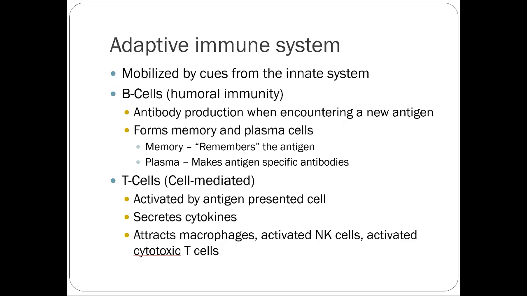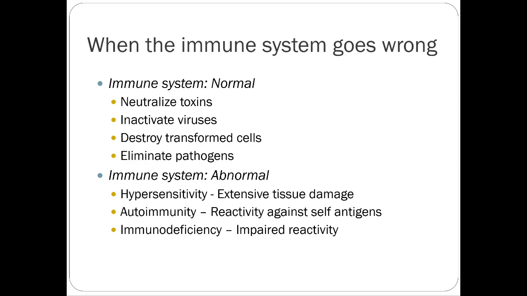It's not actually what's happening, but they get presented an antigen and then they can build a response against it in the future, which gives us our long-term immunities to different pathogens that we encounter throughout our life. T cells, activated by an antigen-presenting cell, secrete cytokines, attract macrophages, and activate NK cells, so they actually have some interaction with the innate immune system as well, which is pretty cool.